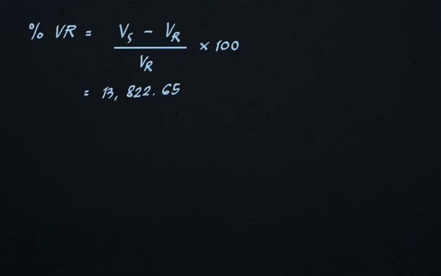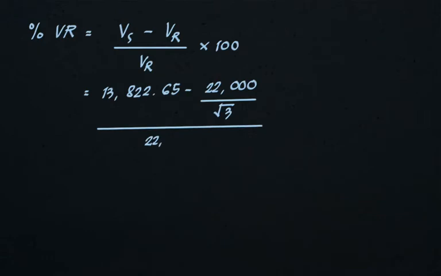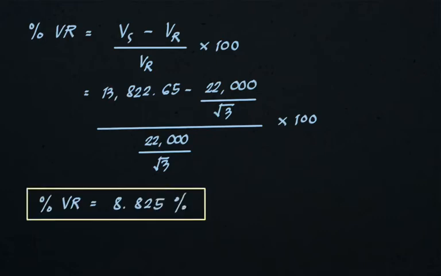This 13.822 is the per phase Vs, so therefore our VR will also be per phase. And then we get the regulation as 8.825%.